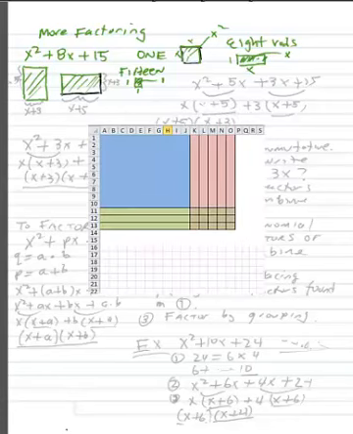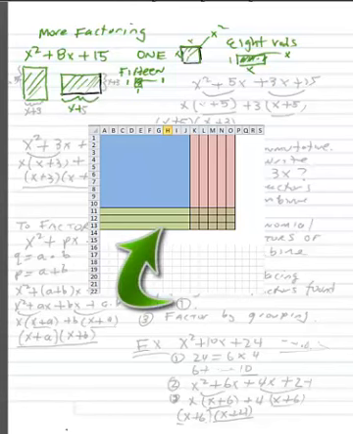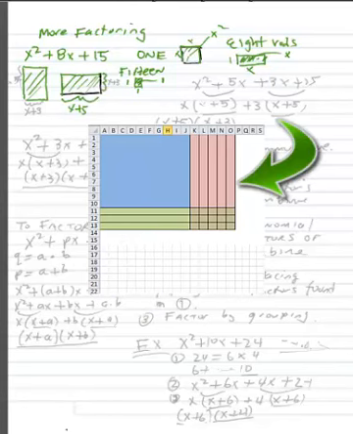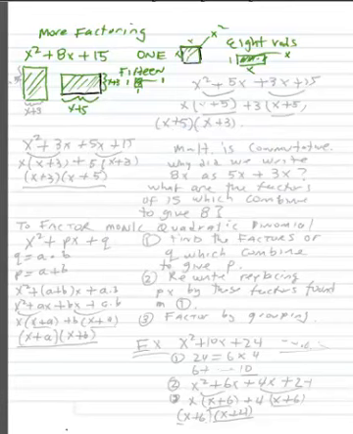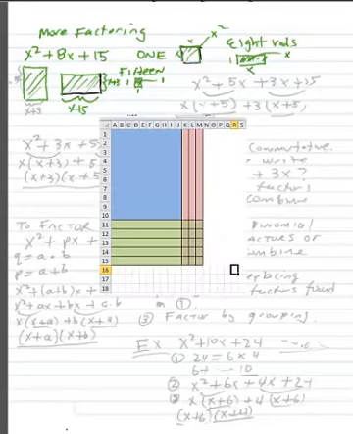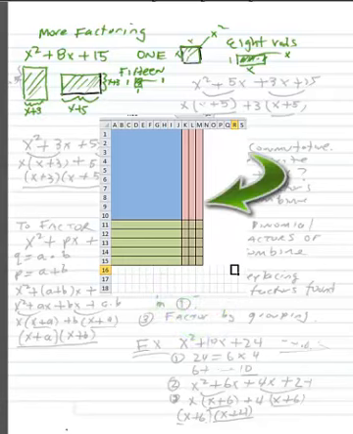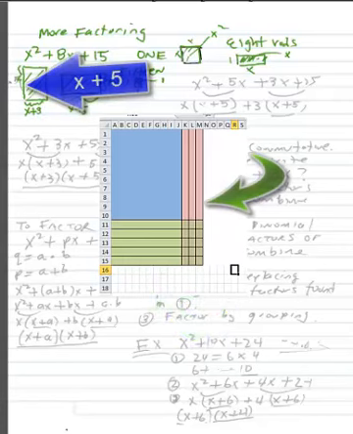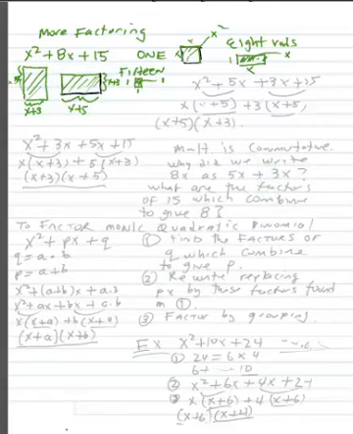So when we see this as a rectangle, where this side right here is x plus 5, and this side right here is x plus 3, that's going to be the same as having the other rectangle, having the side down here, x plus 3, and length, x plus 5. Those two areas would be the same.